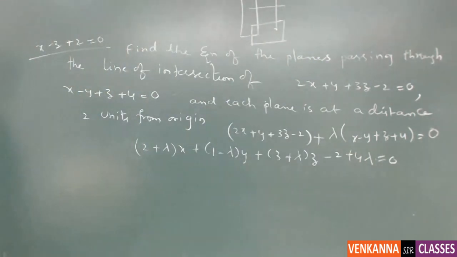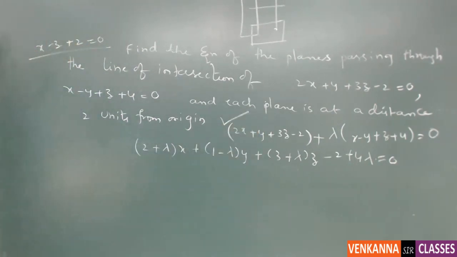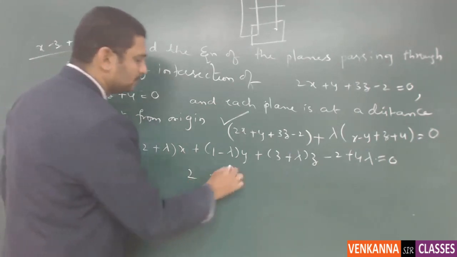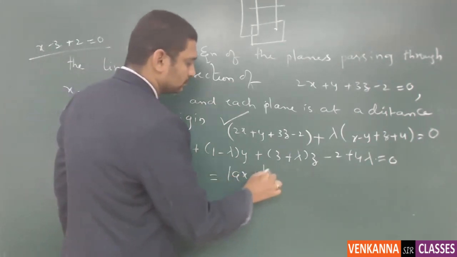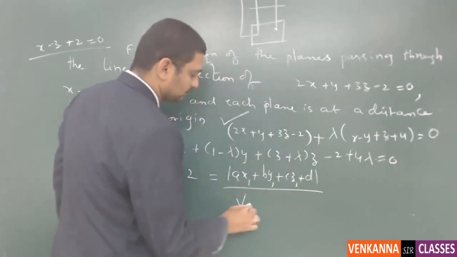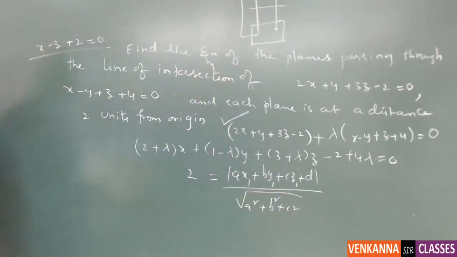So here we need to understand that this plane has a property that if you calculate the distance of that plane from origin, its value is 2 units. So if you apply the distance formula, here x1, y1, z1 are nothing but 0, 0, 0.